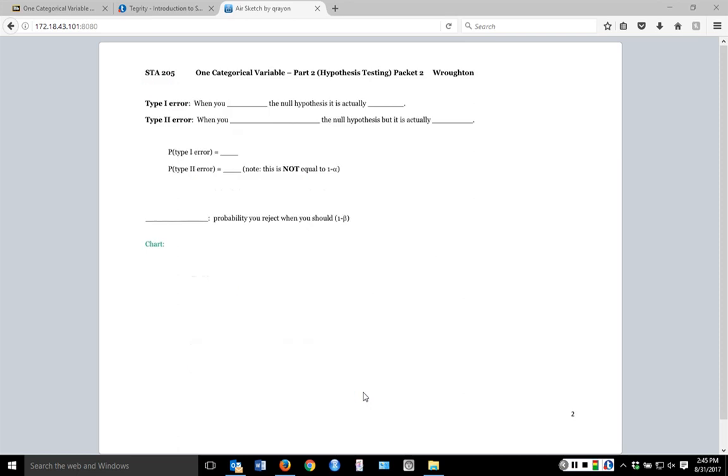Now taking it back to stat world. There are two types of errors: what's called type 1 and type 2 error. A type 1 error happens when you reject the null hypothesis when the null hypothesis is actually true.